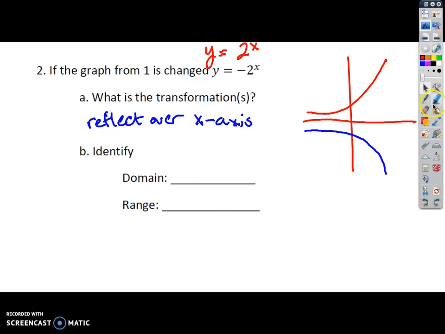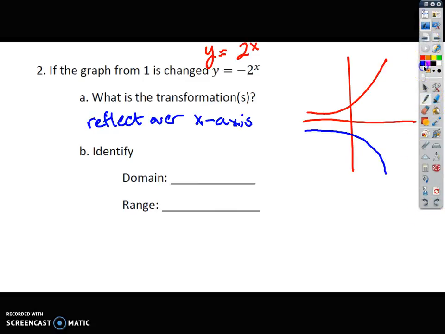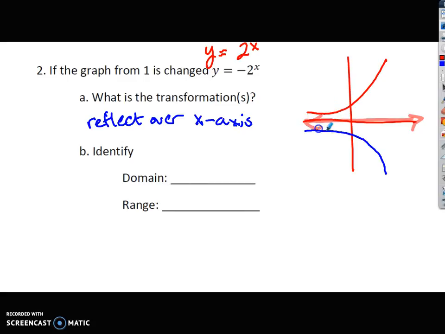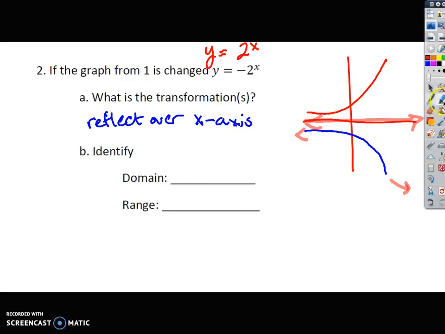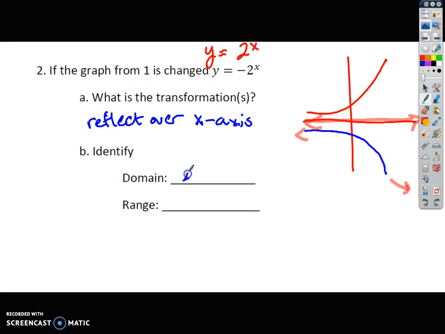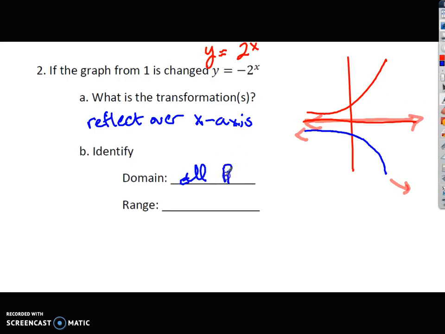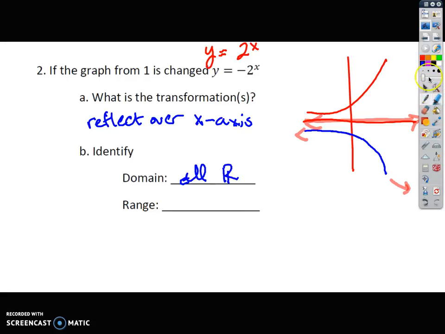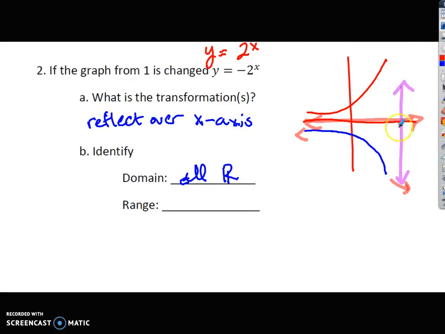What is the domain and range of the new function? The domain again is all the x's. You see that this is going to go on forever that way, and forever that way. So it covers all the x's. The domain is all real numbers. What about the range? The range is all the y's that are present.